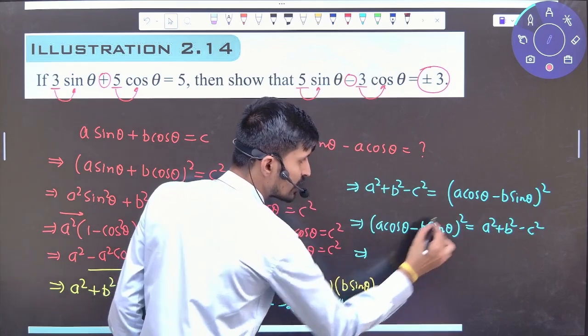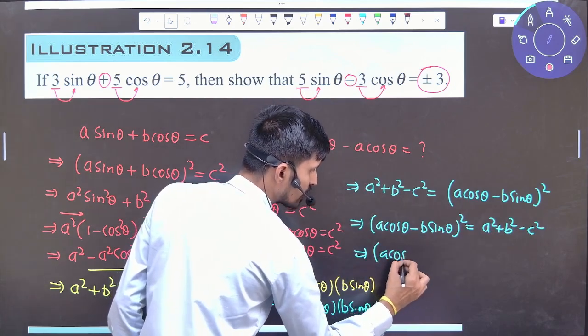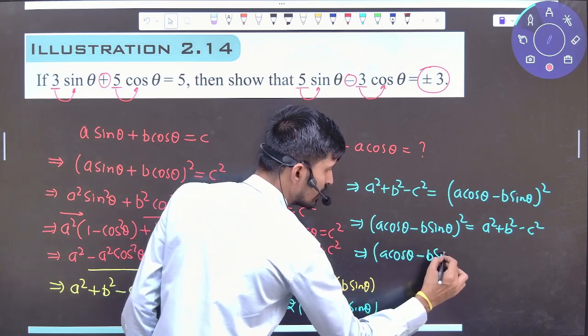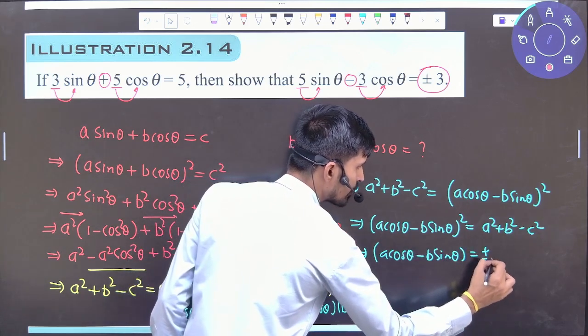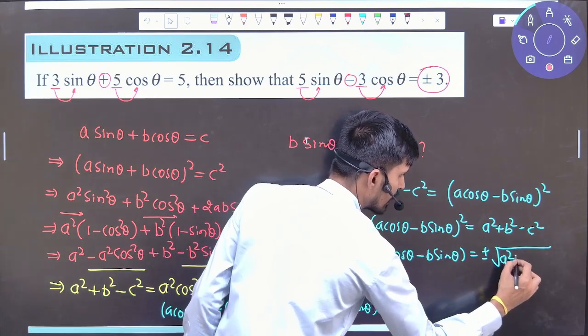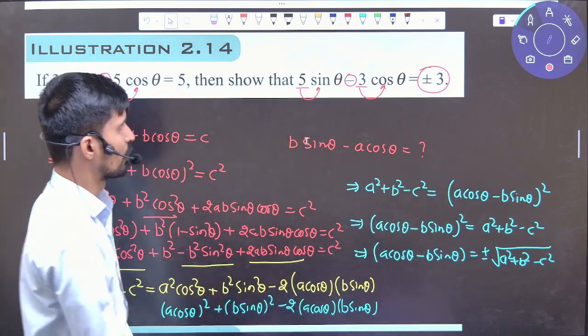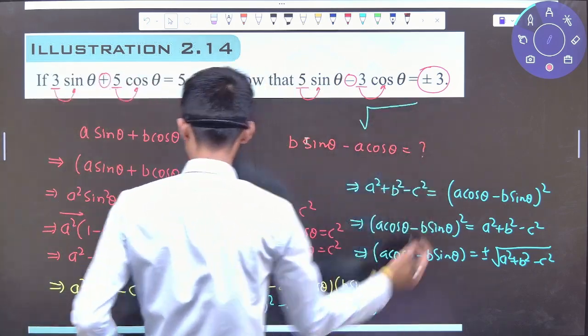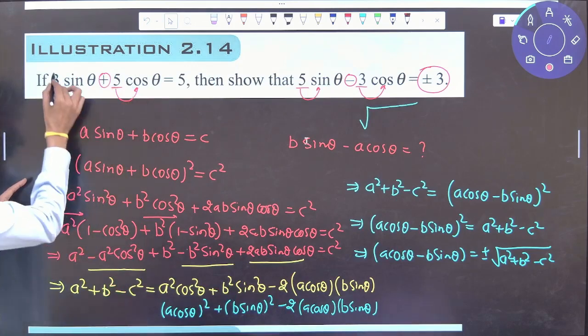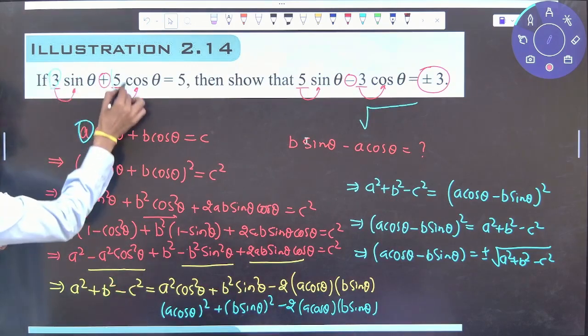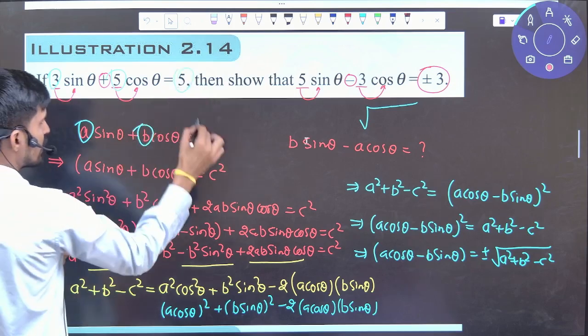Now I will remove this square. So a cos theta minus b sin theta, what will this become? Plus minus root under a square plus b square minus c square we got. Now we can prove from here. What will be the answer? What is a according to this? What is a? 3. What is b? 5. What is c? 5.